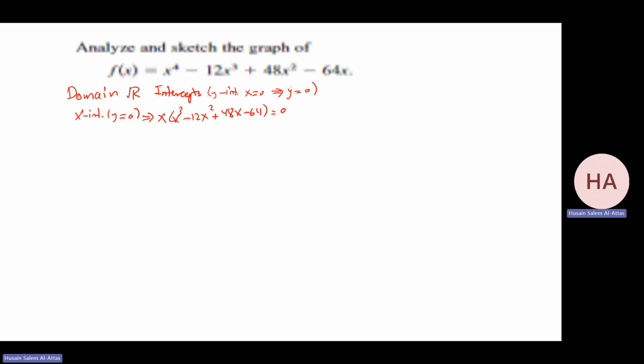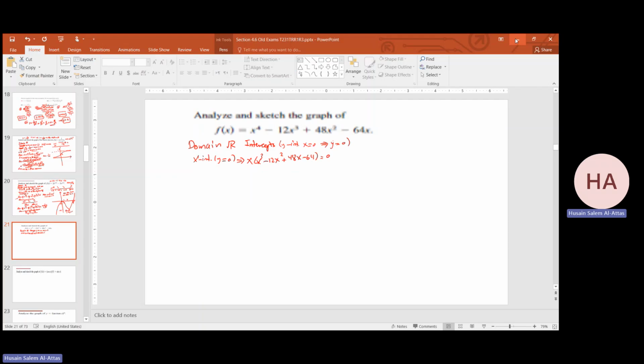When this is equal to 0, you need to solve that somehow to find when it is 0, which I don't think will be an easy thing to do, but I can get the values.